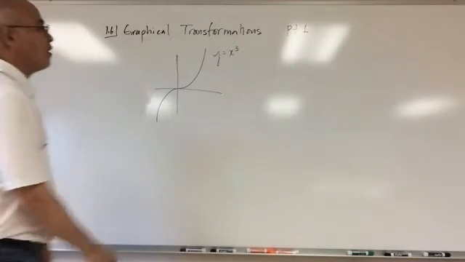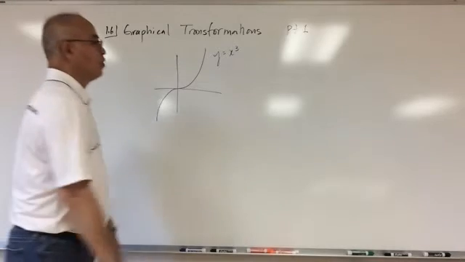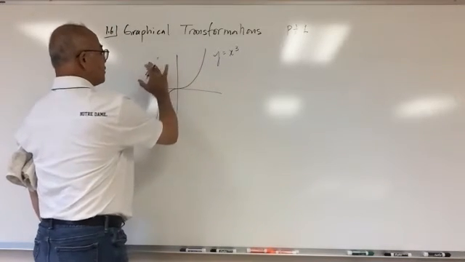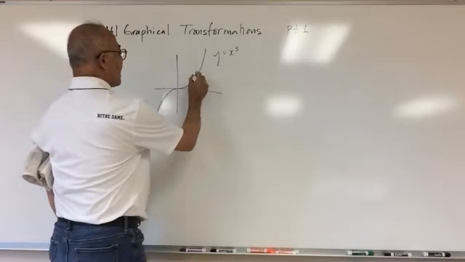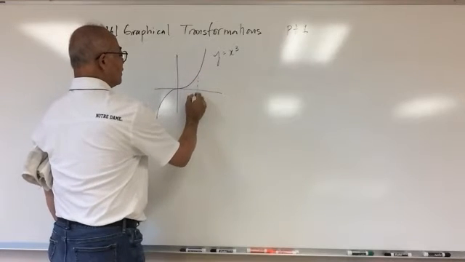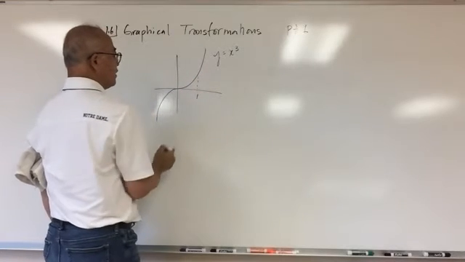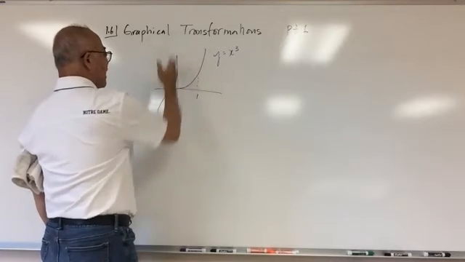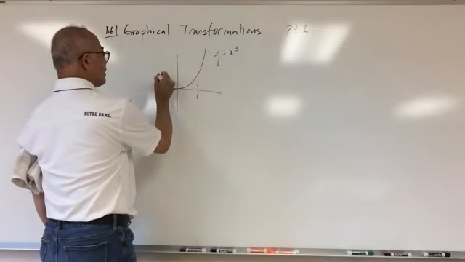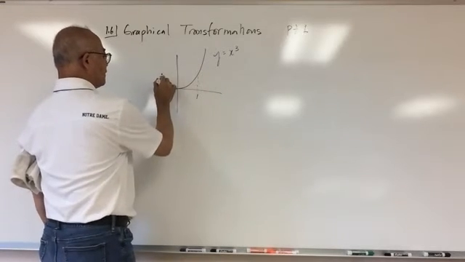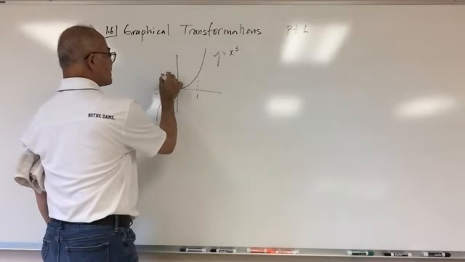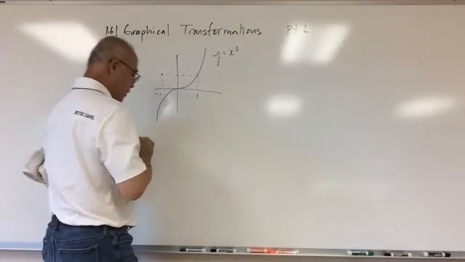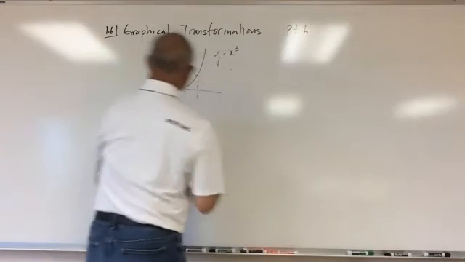And I want to reflect this across the y-axis. If I had x here, let's say this is 1, and I reflect this across the y-axis, it's going to come over here now, and this would stay the same. Wherever 1 is, over here it's going to be -1.